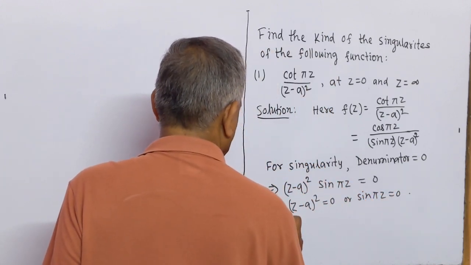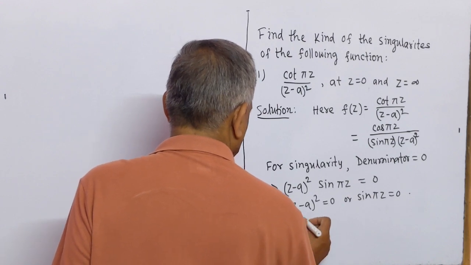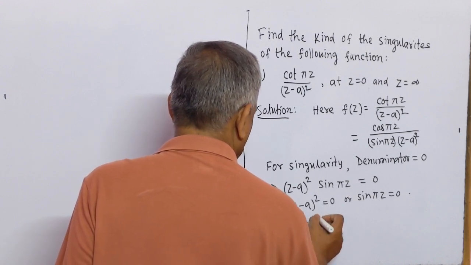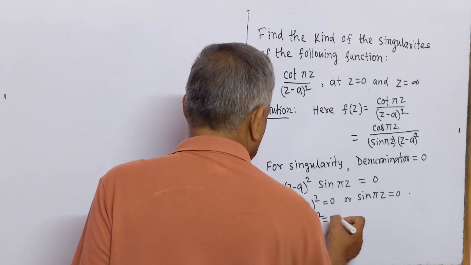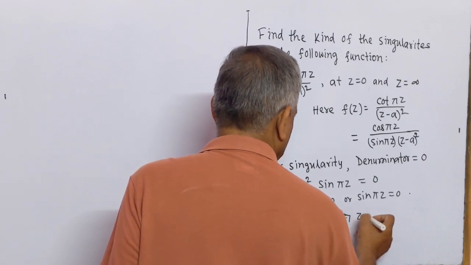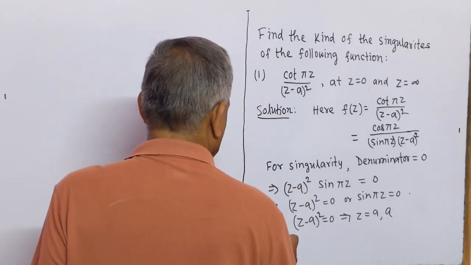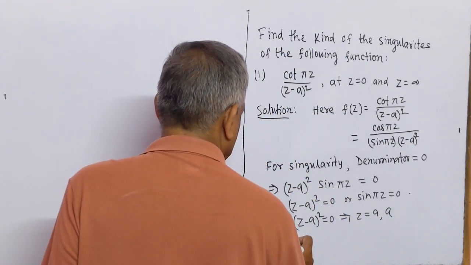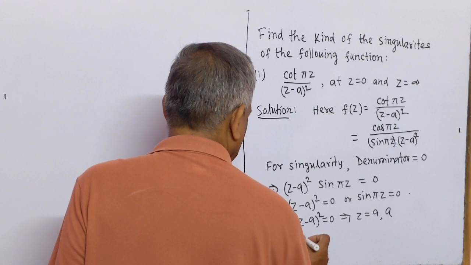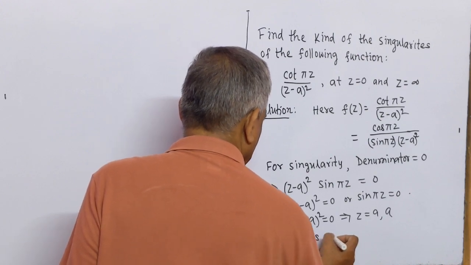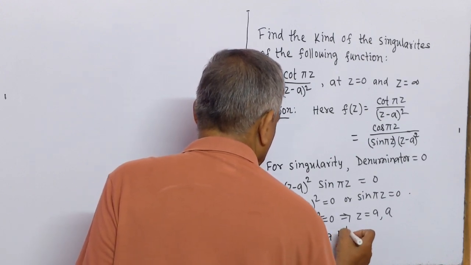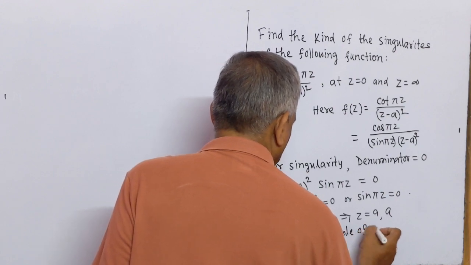When (z minus a) whole square equal to 0 implies that z equal to a, a. Therefore, z equal to a is a pole of order 2.